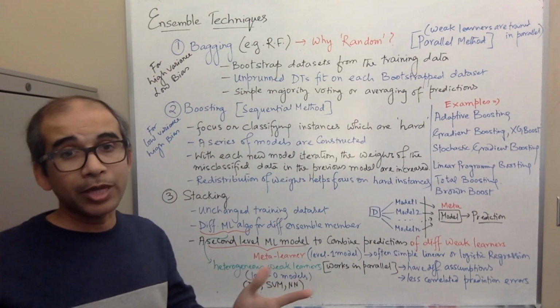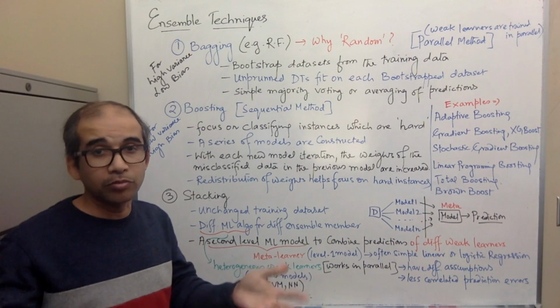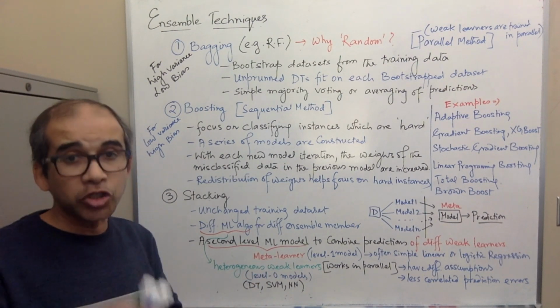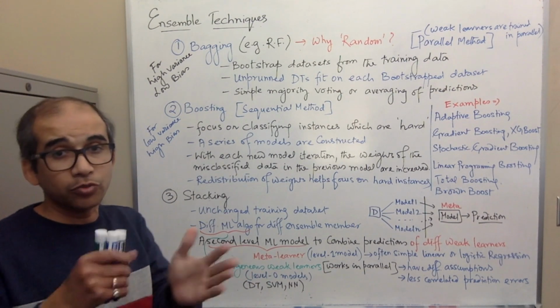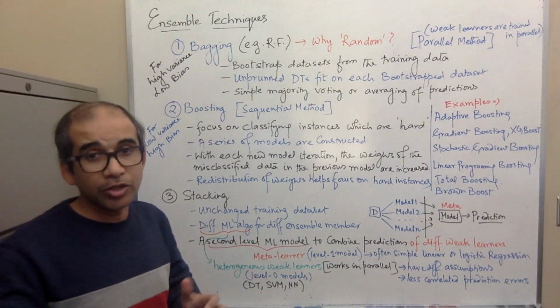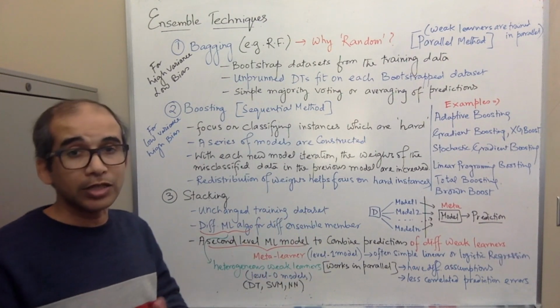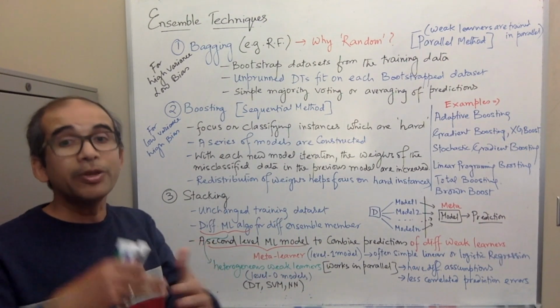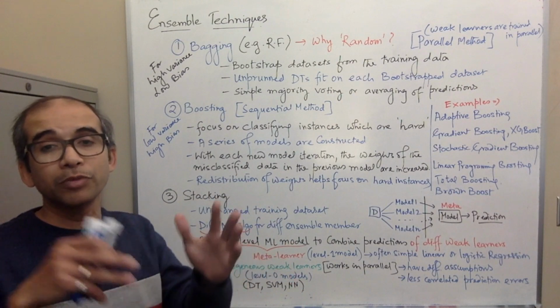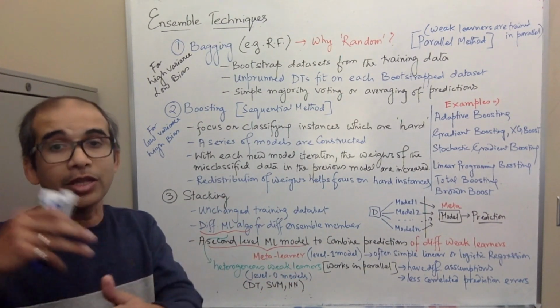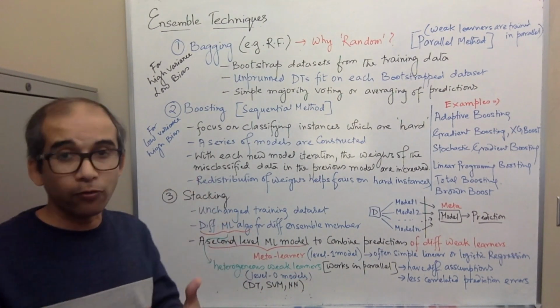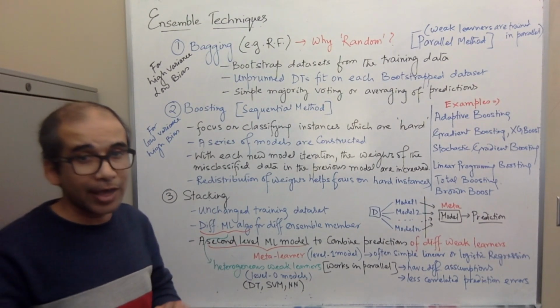There will be a series of models constructed, and it's a sequential process. With each new model iteration, the weights of the misclassified data, that means those which failed or were hard to classify in the previous model, will be increased, so that in the next iteration they get more focus in classifying.